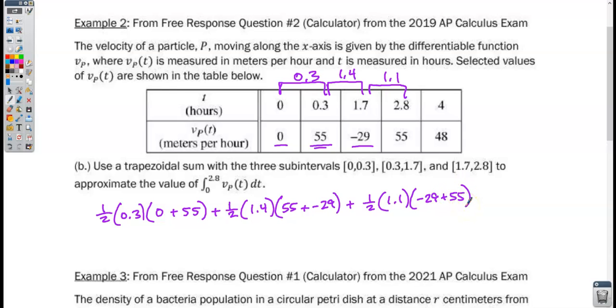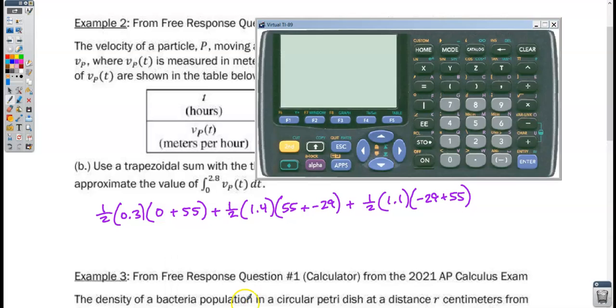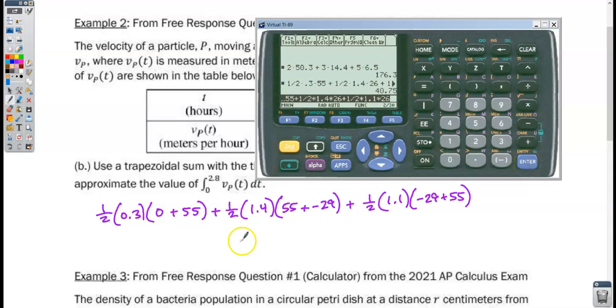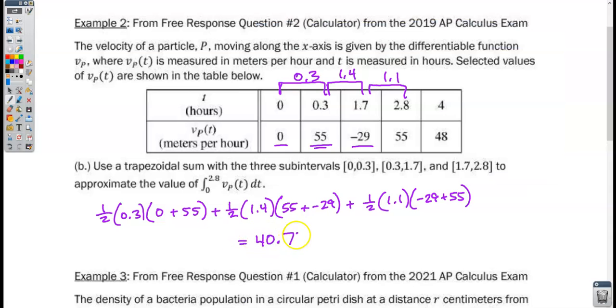And since this is a calculator section, I'm going to go ahead and punch this up on my calculator. I've got 1/2 times 0.3 times 55 plus 1/2 times 1.4 times 26 plus 1/2 times 1.1 times 26, and we get 40.75.